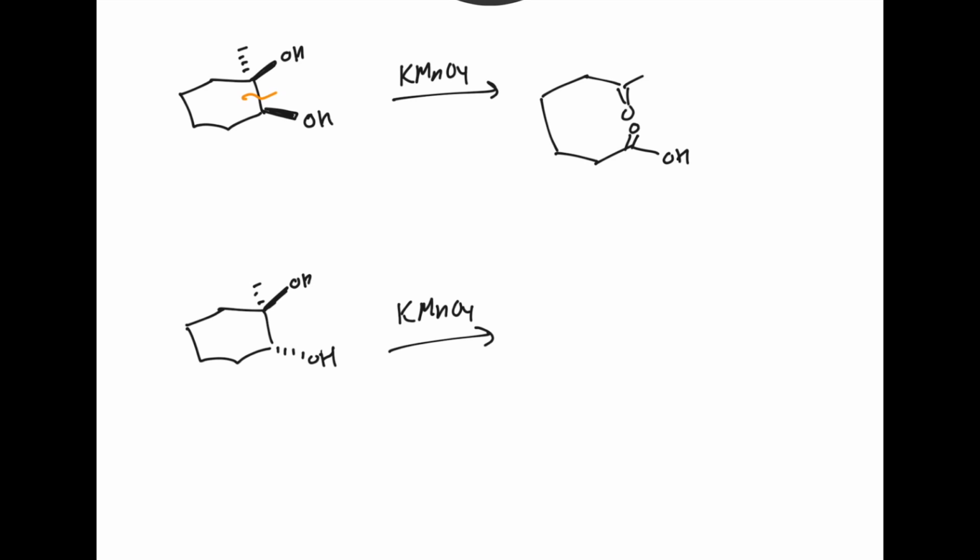And it's going to oxidize that secondary alcohol. It can't oxidize the tertiary alcohol because there's no hydrogen, but it's going to do as much as it can. Let me oxidize that. Reasonable?